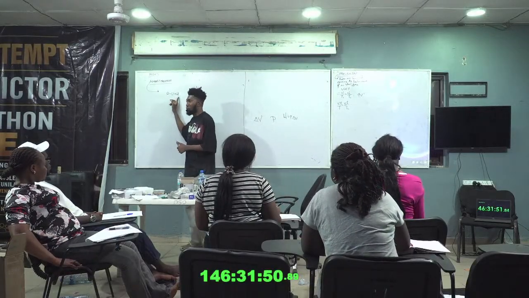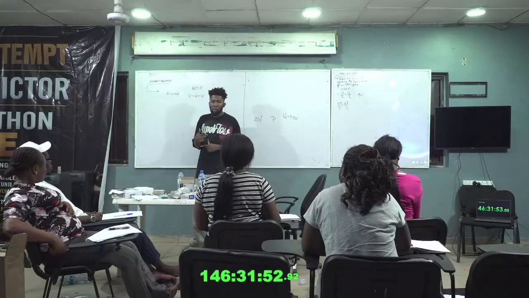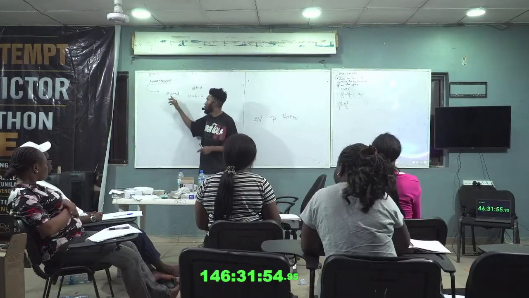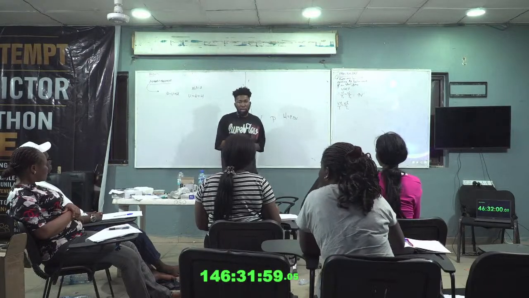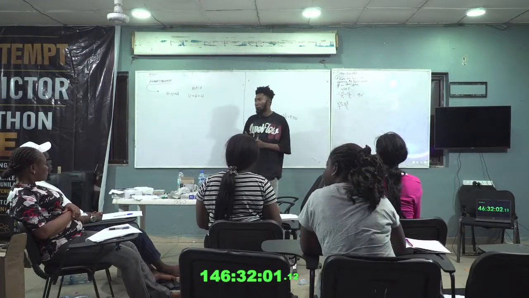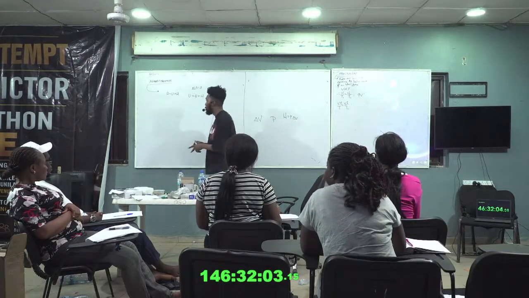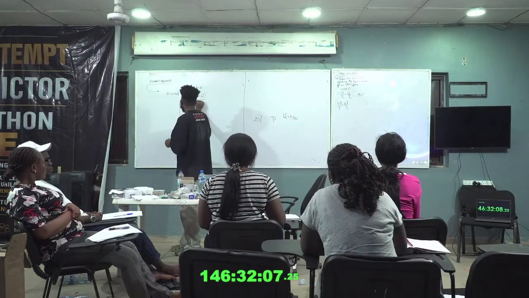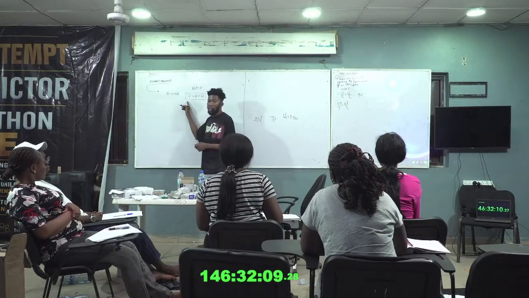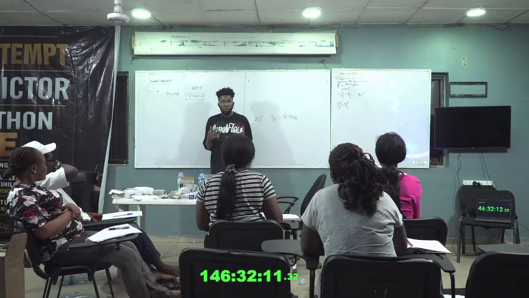If this work is work done on the system, automatically it's going to increase the internal energy. So we set it in such a way that it causes an algebraic rise in the internal energy. That's why it is most preferable. I advise my students to make sure the internal energy is on its own side, because it's easier to quantify.